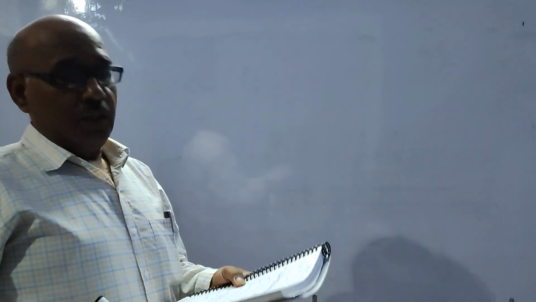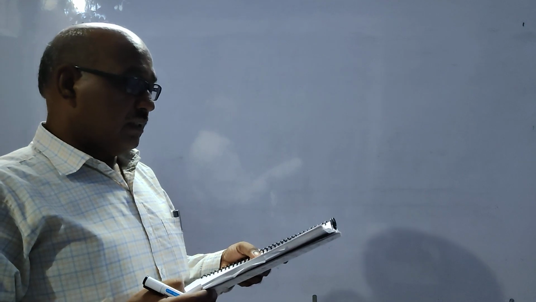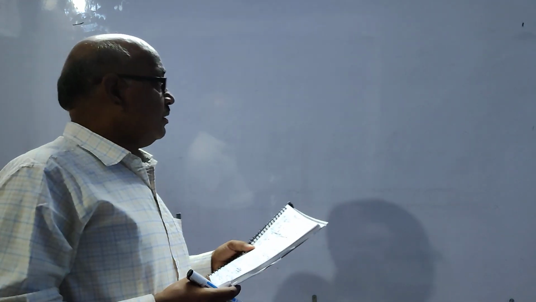Now you see, this is the second video of inverse trigonometric functions. 7 or 8 problems I had already discussed. Now I'm taking this ninth one. This is question number 9.